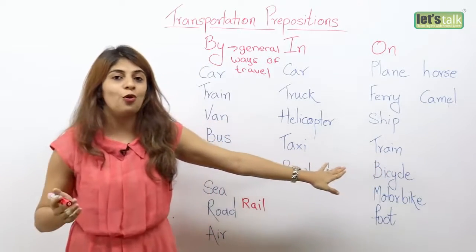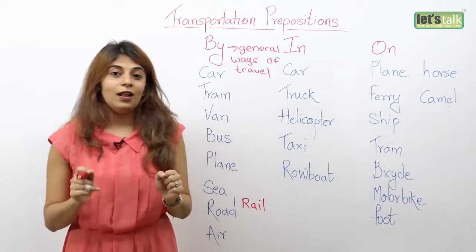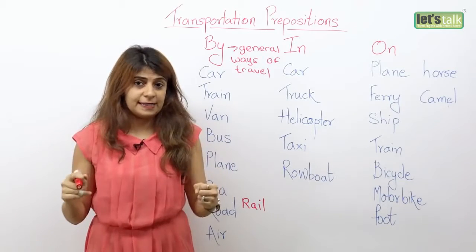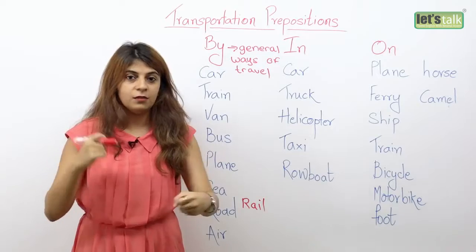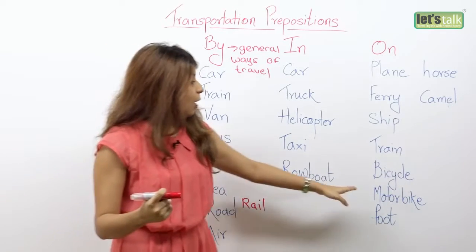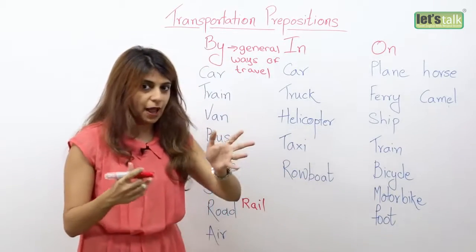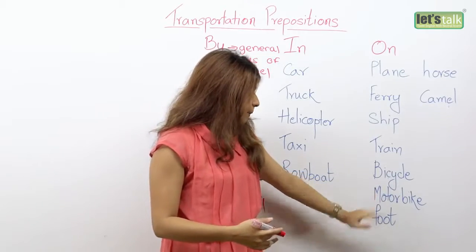I'm on train to New York. On bicycle, yes. Well, when you are riding your bicycle, you are on the bicycle, okay? You are sitting, but you can also stand while riding it. On motorbike, okay, it's going to be on motorbike and not in motorbike because you're not sitting inside somewhere. It's going to be on motorbike.